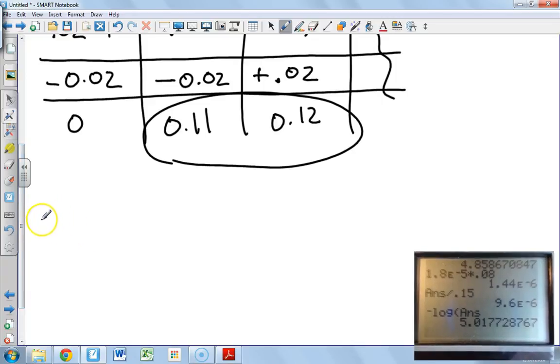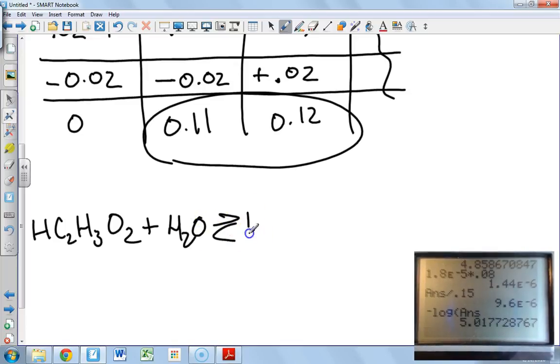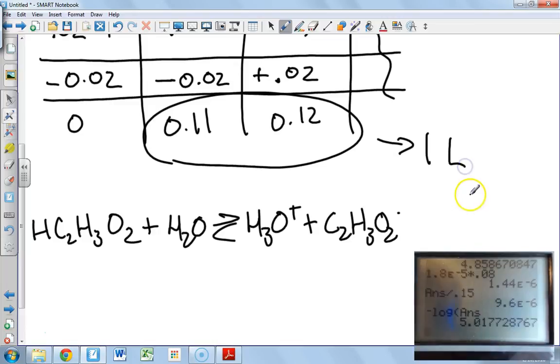We write an equilibrium reaction: HC2H3O2 plus H2O is in equilibrium with H3O plus and C2H3O2 minus. And we use these values up here, keeping in mind that this is in 1 liter of solution. We use these values here to get the molarity to plug into this new ICE chart.